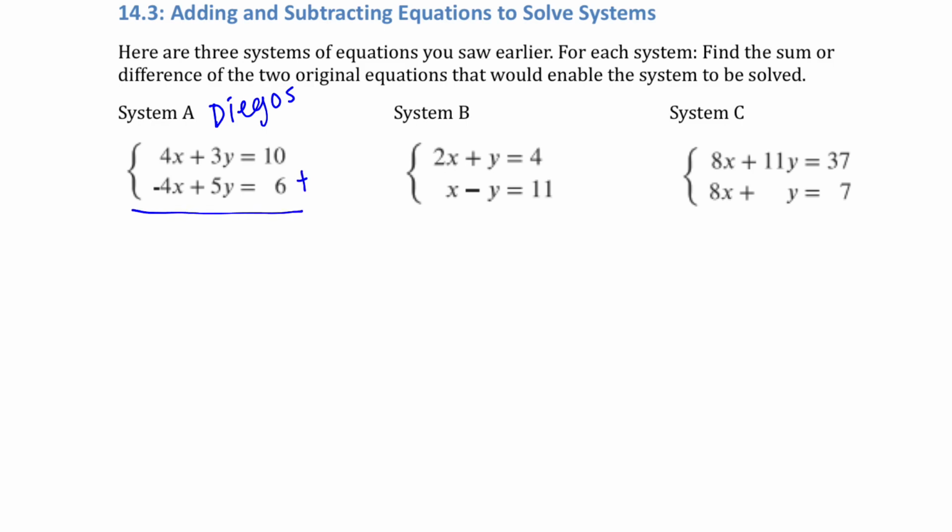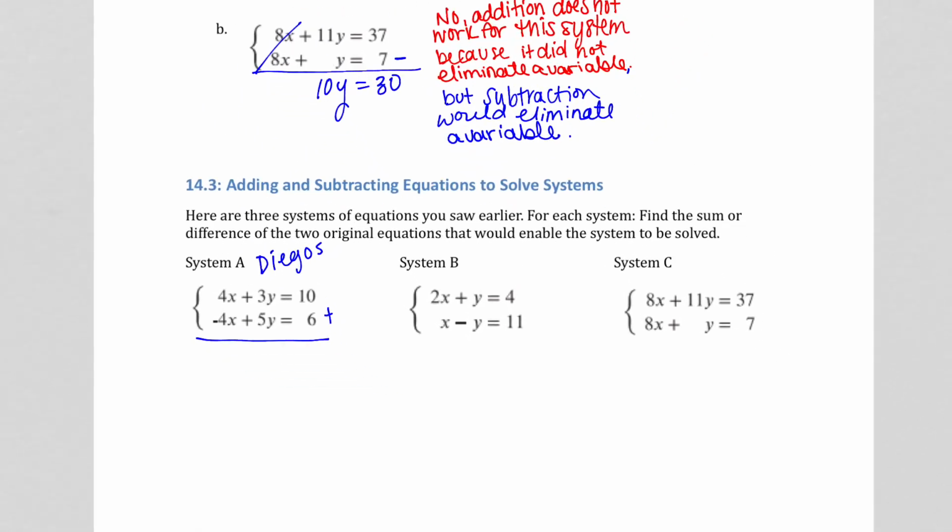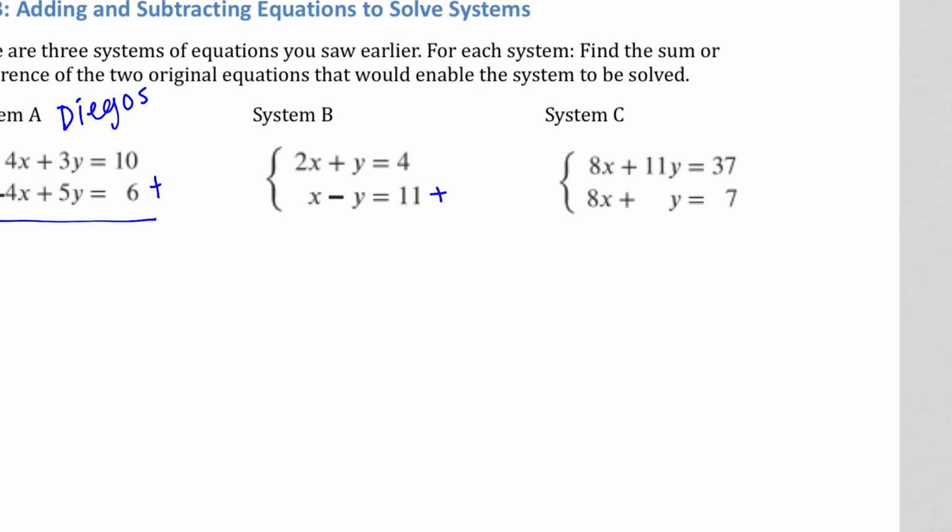So for system B, we already did part of it up here. We know that we're going to add it and get 3x equals 15. What do I do to solve for x now? Divide by 3.